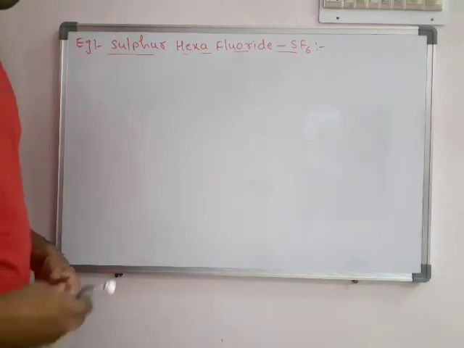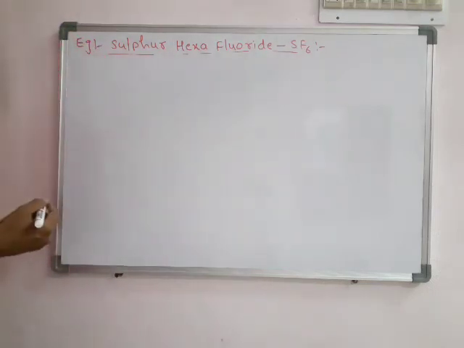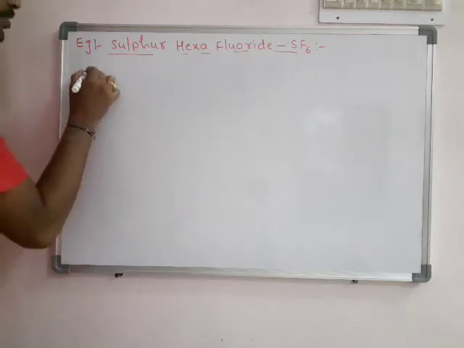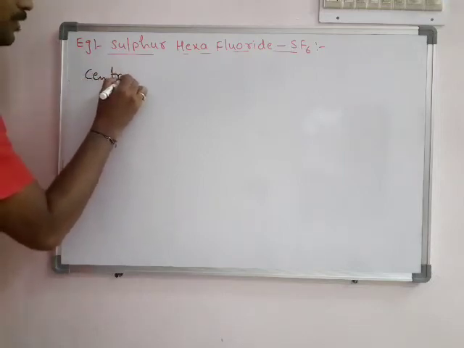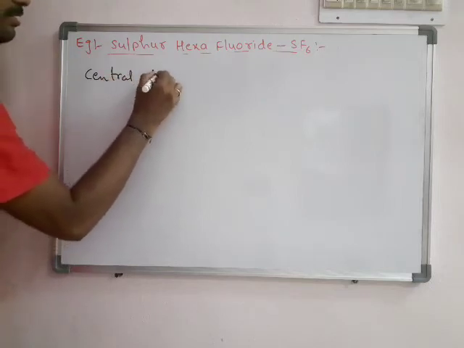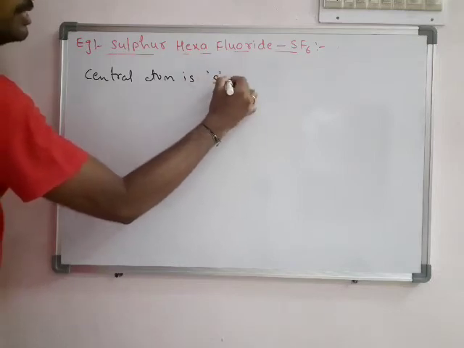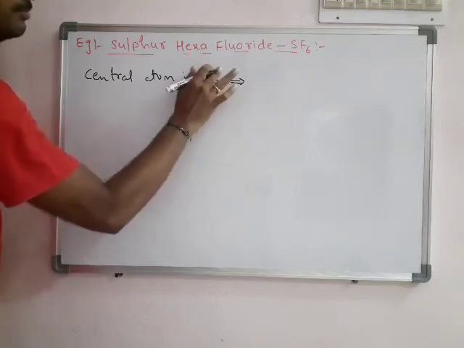So what is the central atom? Obviously it is sulfur, only one atom is present. We know that only the central atom is involved in hybridization. So what is the sulfur configuration?